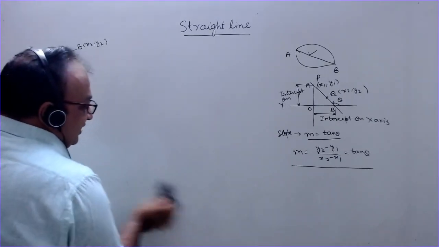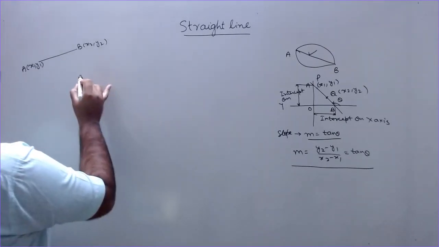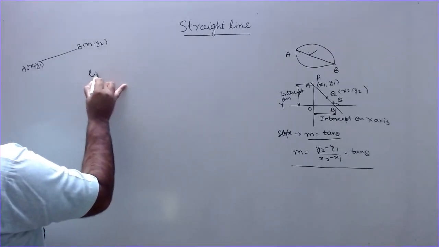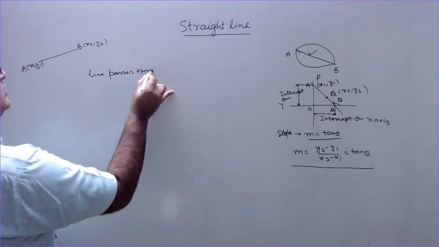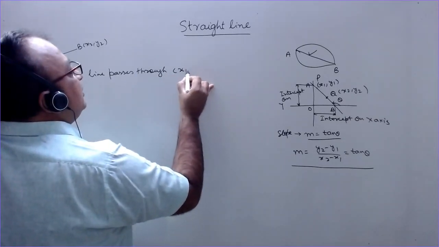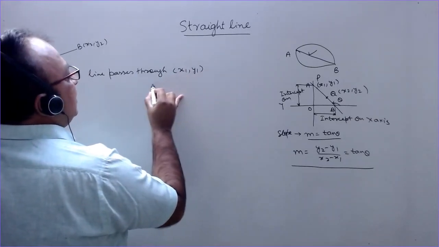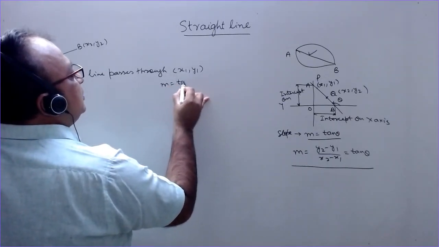This is also known as the slope form. Suppose the line passes through one point, x1 and y1, and has a slope m equal to tan theta.